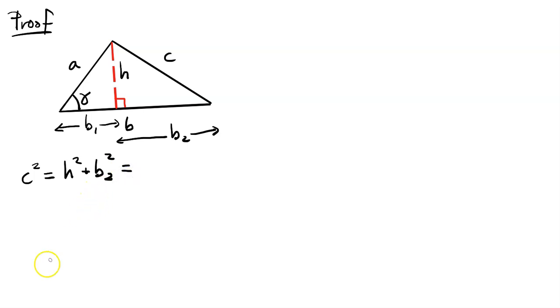And now, what can we do? We look at the other triangle, also a right triangle here. Then we see that h squared plus b1 squared is equal to a squared. And here we can solve for h squared, and then we have a squared minus b1 squared. And let's replace this one here.